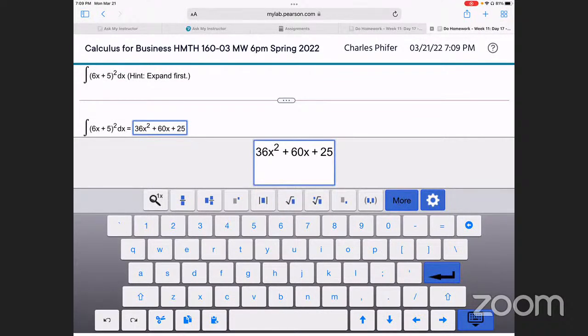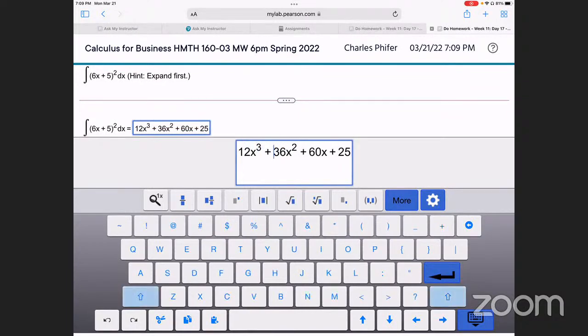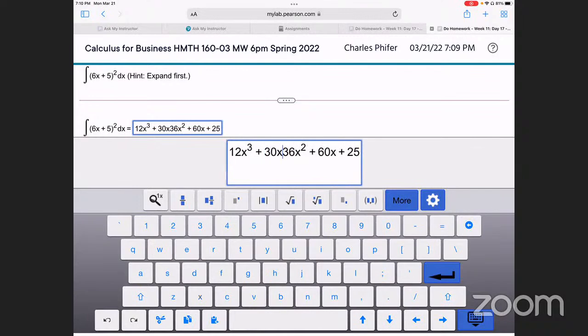So now when we take the integral, x squared becomes x cubed over 3. So 36 times x cubed over 3 is 12x cubed. Then the integral of 60x is 60x squared over 2, so that becomes 30x squared. And the last one, 25 becomes 25x.